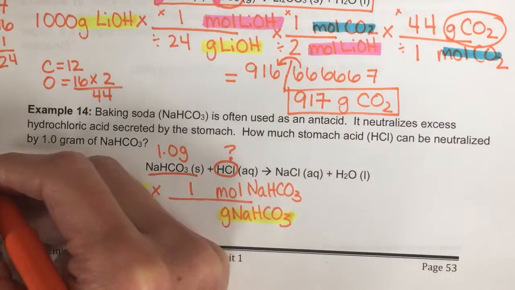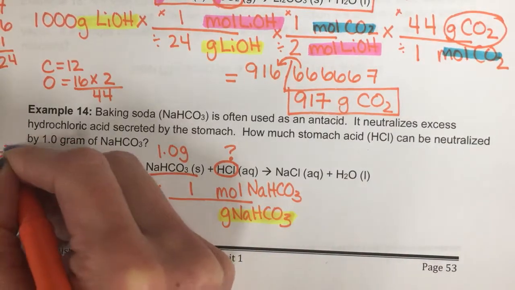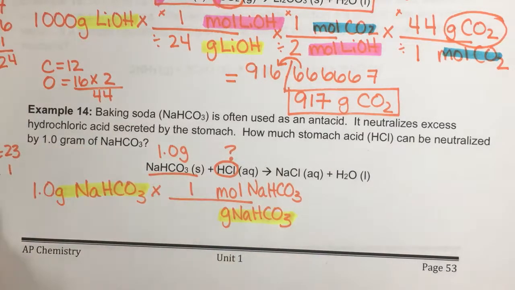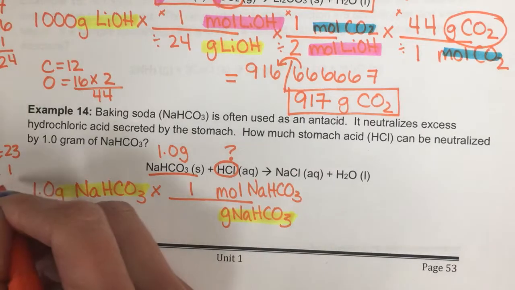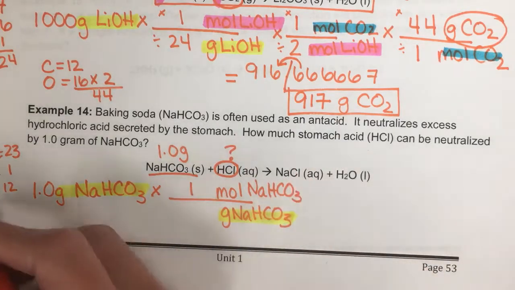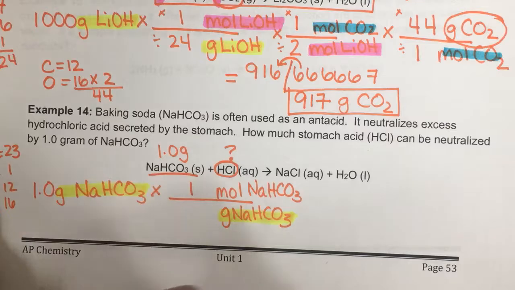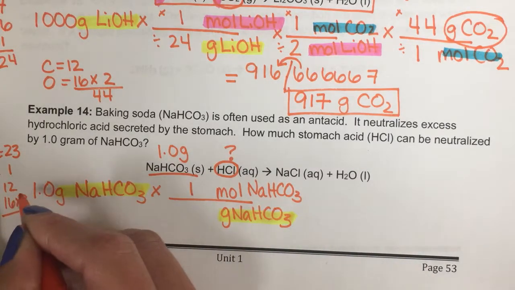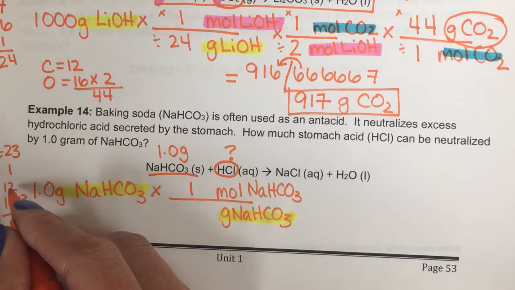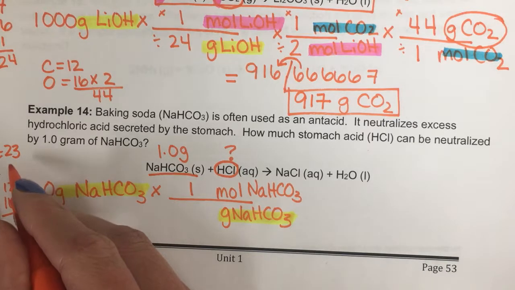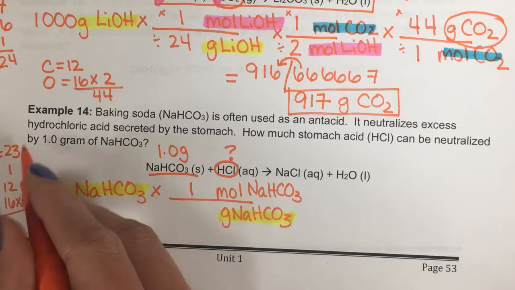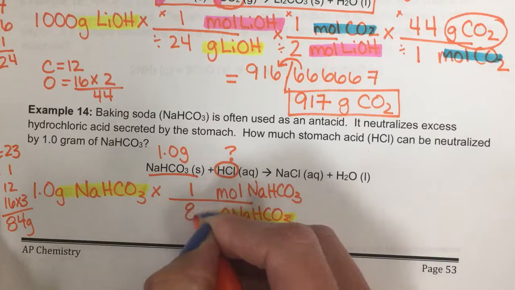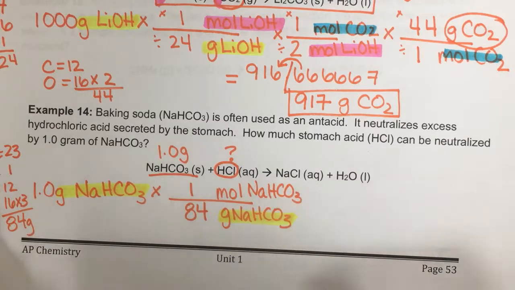If I look at the periodic table, Na is 23, H is 1, C is 12, O is 16, I have 3 of them. 16 times 3 is 48, plus 12 is 60, 61, 71, 81, 84. So I've got 84 grams of NaHCO3.